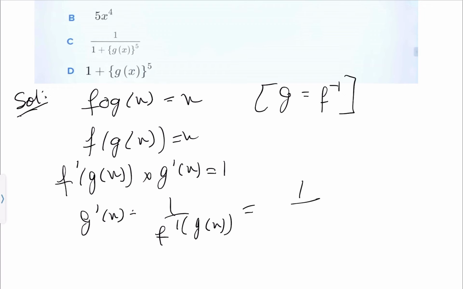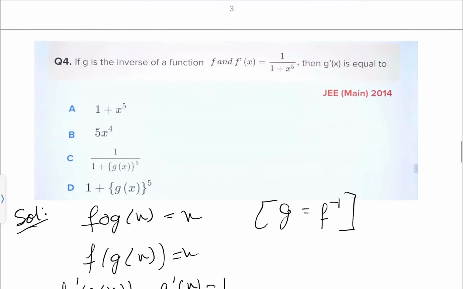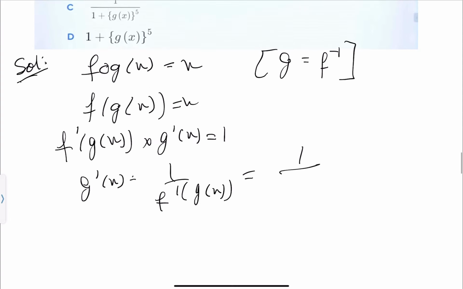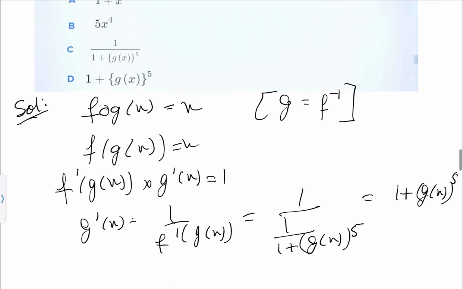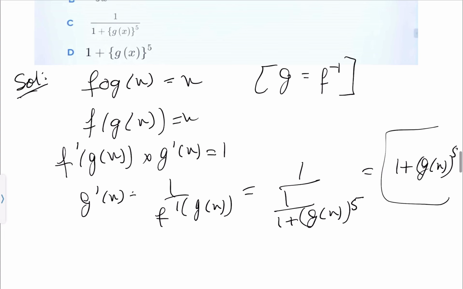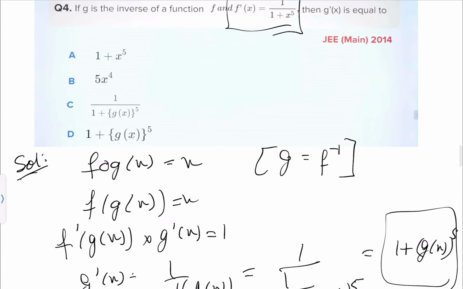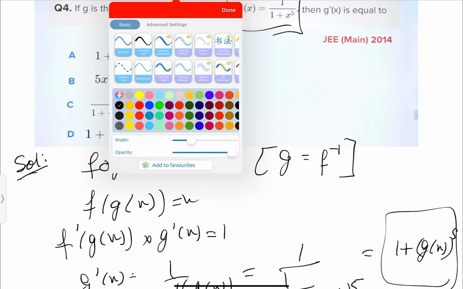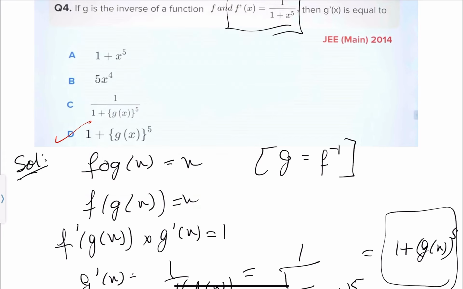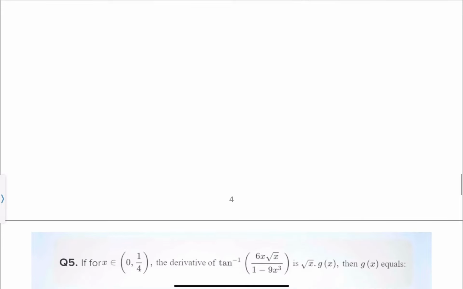Since we know f dash x is 1 upon 1 plus x to the power 5, instead of x we have g of x, so this will be equal to 1 plus g of x to the power 5. So coming to our answer, it is option D. Right. Coming to our last and final question.